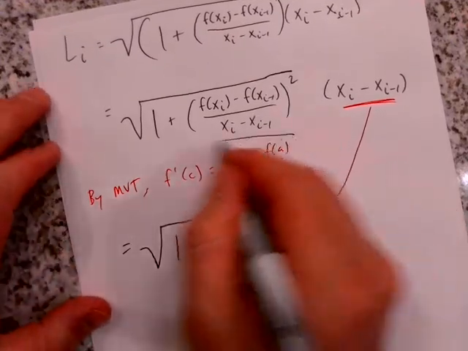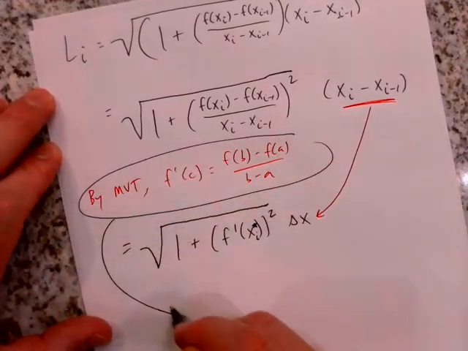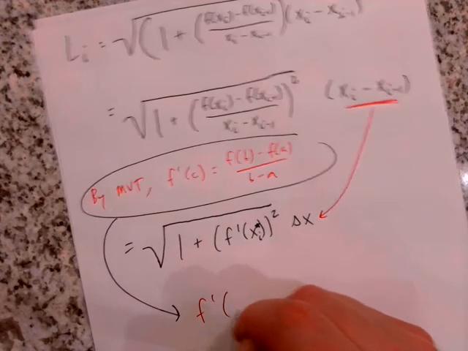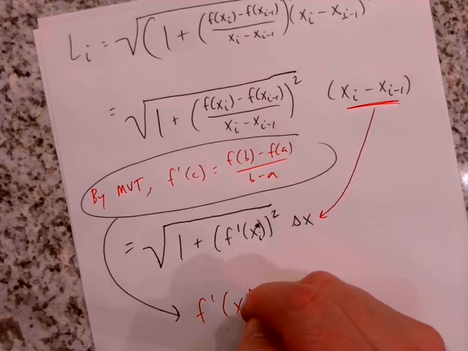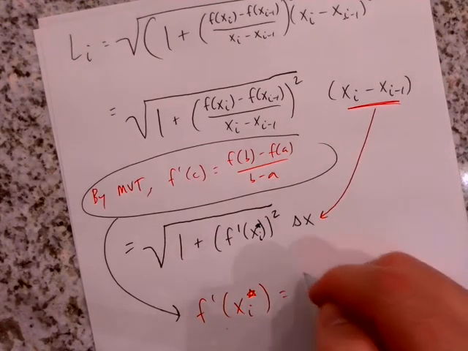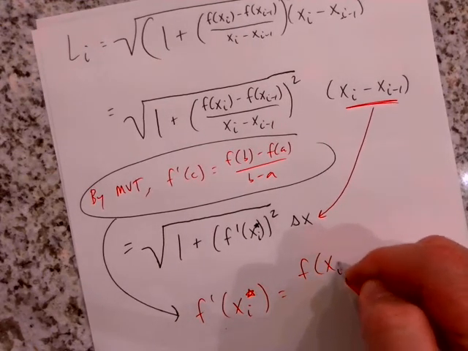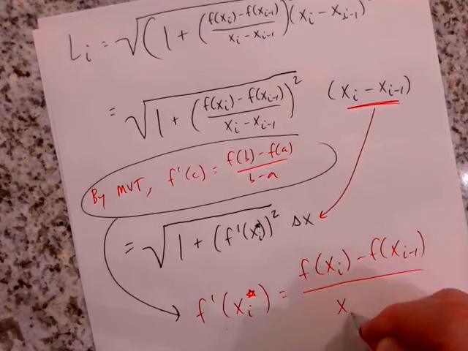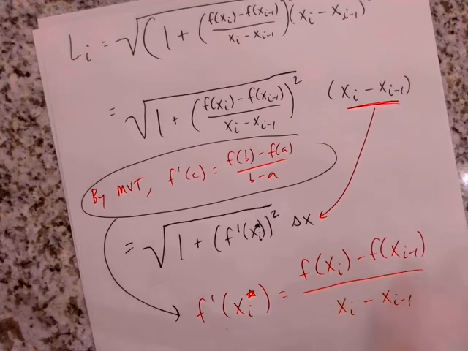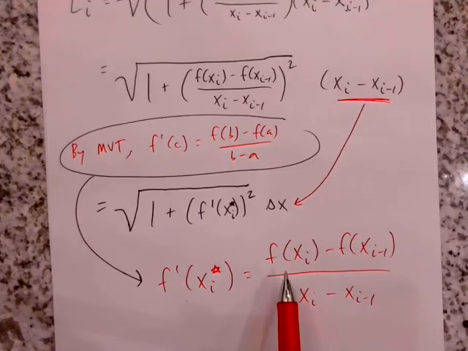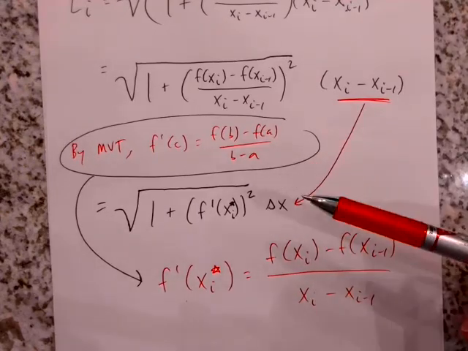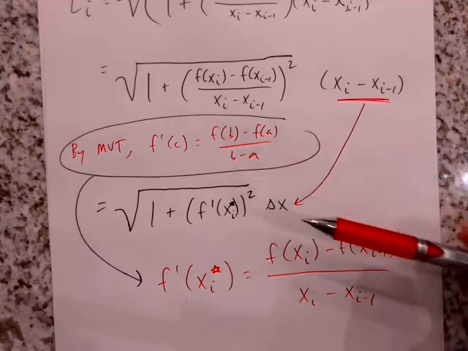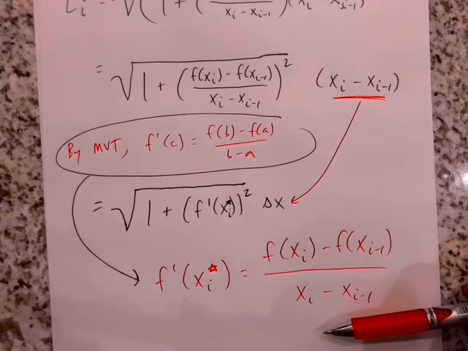So if I take the mean value theorem and I rewrite it in terms of i's and i naughts and everything, it'll be f prime of x sub i star is that quotient we just had. This is the exact same as the mean value theorem. It's just written for the ith subinterval. So instead of a and b, you have x sub i minus 1 and x sub i.